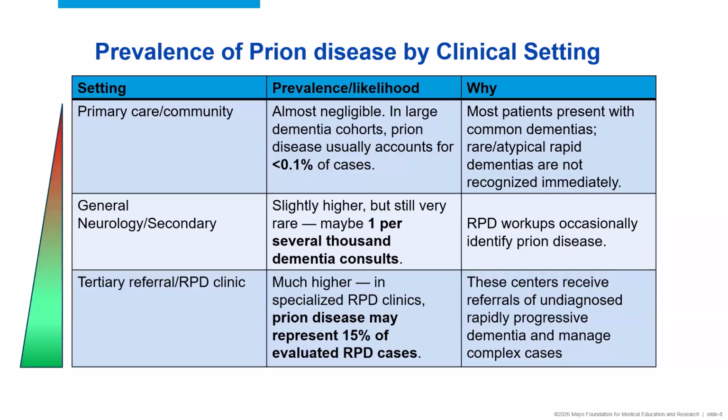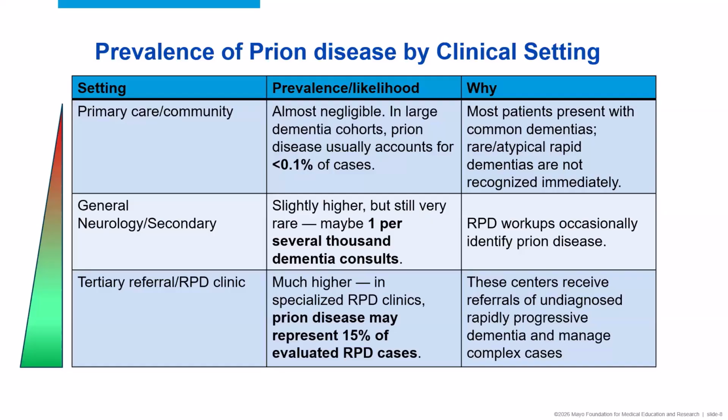When you talk about a general neurology consult or secondary practice, this is slightly higher, but these are still relatively rare, maybe 1 per 1,000 dementia consults, mainly because, again, there are much more common presentations that fit this rapidly progressing dementia or dementia in general.